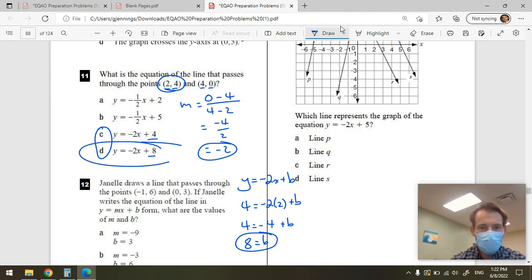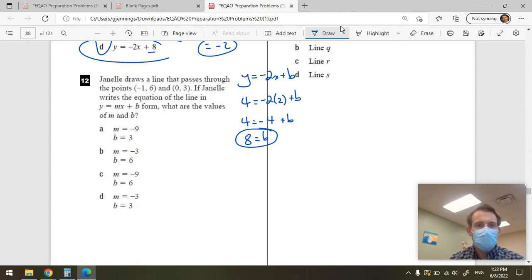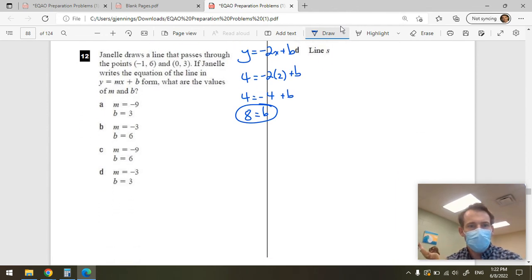Okay, let's keep going. One more question for this video. Janelle draws a line that passes through these points. If Janelle writes the equation of the line in y equals mx plus b form, what are the values of m and b? Well, let's find them. Again, m is equal to change in y over change in x.